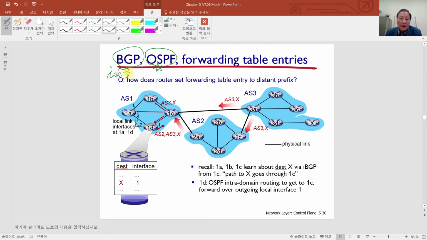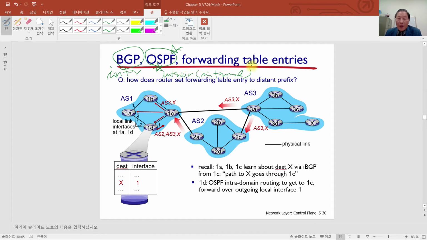Interior means internal, such as routing information protocol, all kinds of them. Okay, BGP is the exterior gateway protocol, and OSPF is the interior, internal gateway protocol, as we learned already.